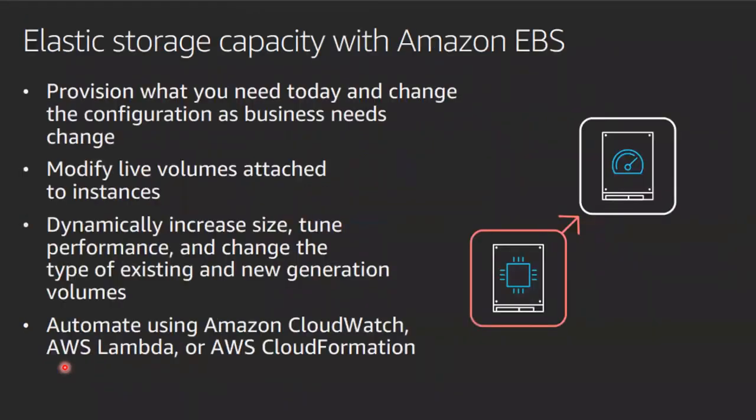Elastic storage capacity with EBS: as I said, you can have network attached storage for your SAP servers. It could be general purpose SSD or provisioned IOPS, and you can pick and choose the IOPS. If you require really high IOPS, you can define your IOPS and provision the volume as per the required IOPS.